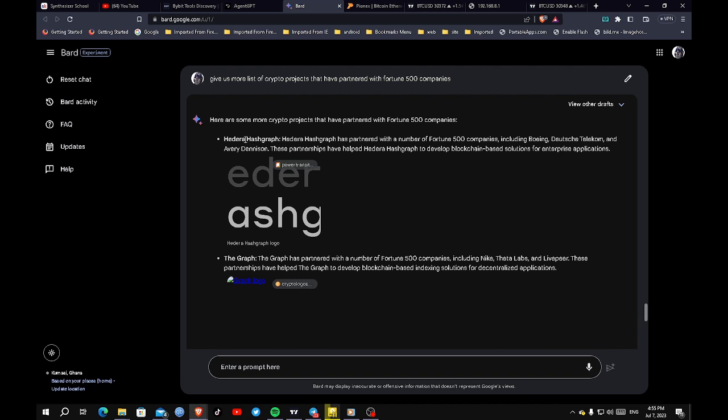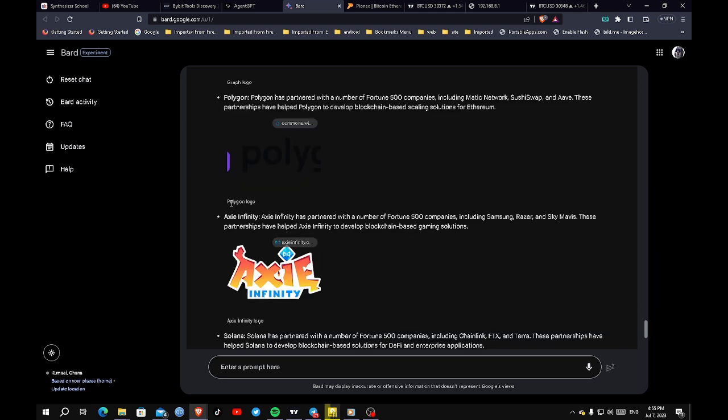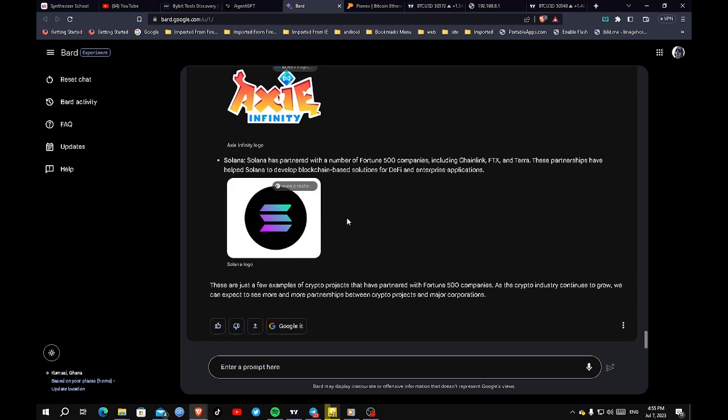So there's also Hedera Hashgraph, then The Graph cryptocurrency. There's also Polygon, Axie Infinity, Solana. And so I guess you have to continue to give it more prompts to give you more lists of the crypto projects.